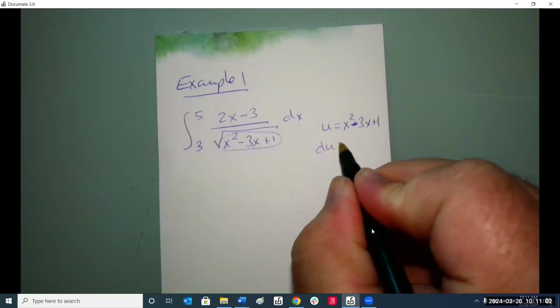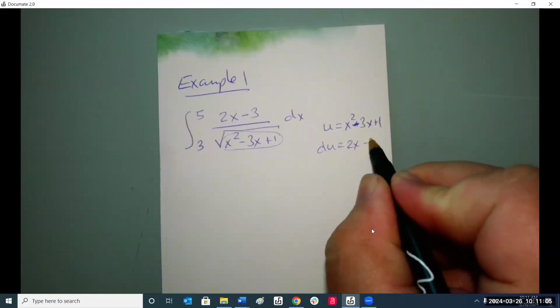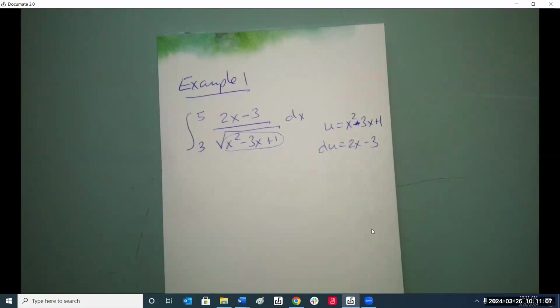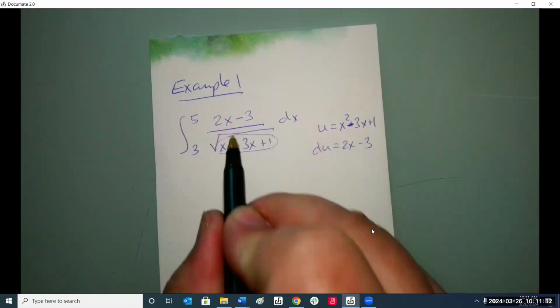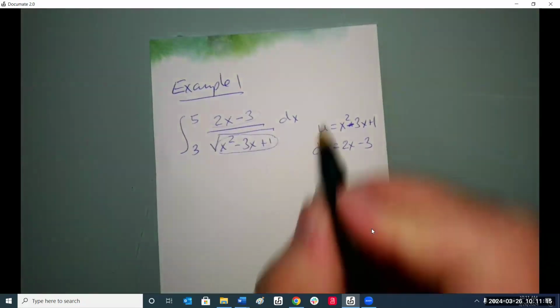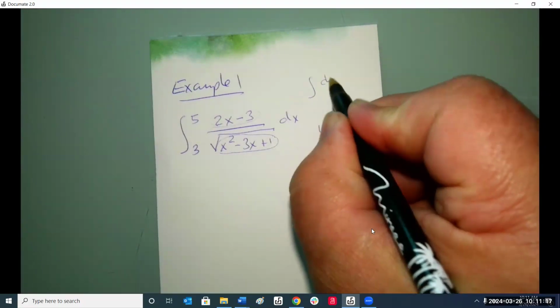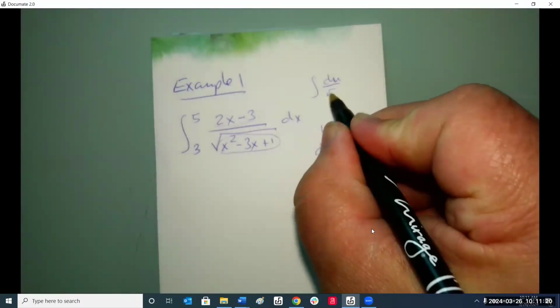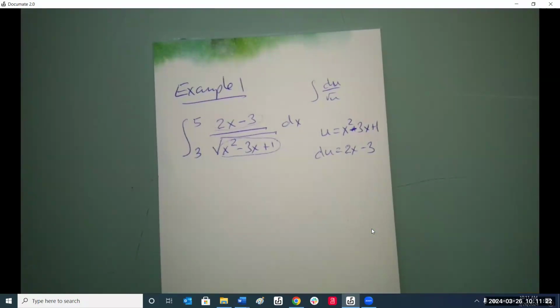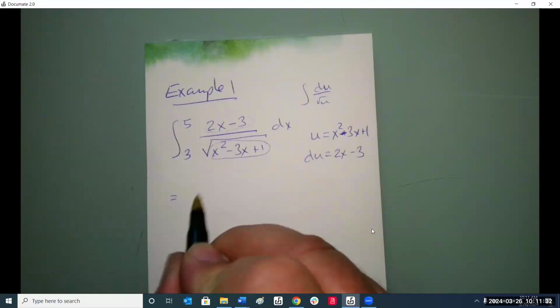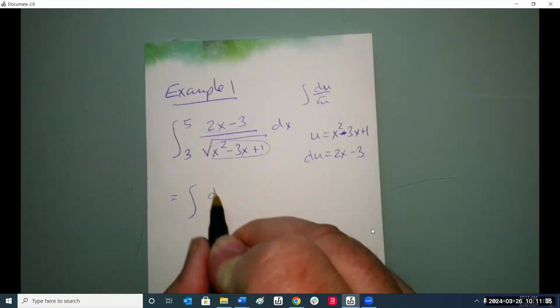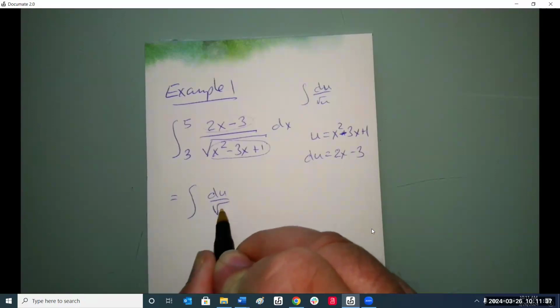Now we take the derivative of that and get 2x minus 3, which is going to help us a lot, because we see that the numerator has the form du, over the square root of u. So now we've converted this function to du over the square root of u.